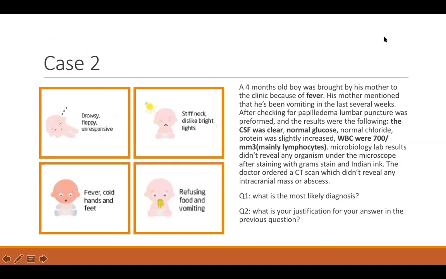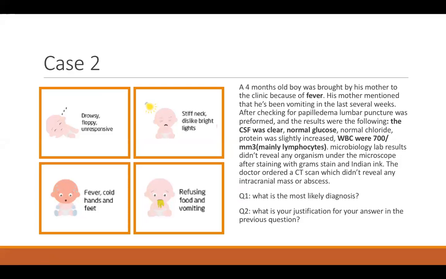Okay, let's go to the second case. A 4-month-old boy was brought by his mother to the clinic because of fever. His mother mentioned that he's been vomiting in the last several weeks. After checking for papilledema, lumbar puncture was performed, and the results were the following. The cerebrospinal fluid was clear with normal glucose, normal chloride.